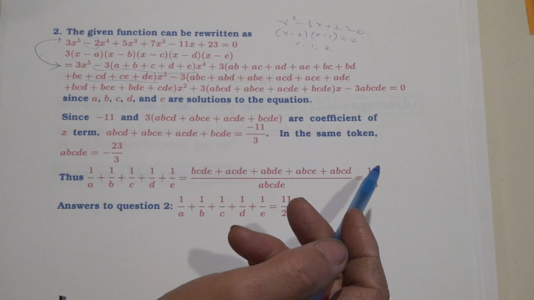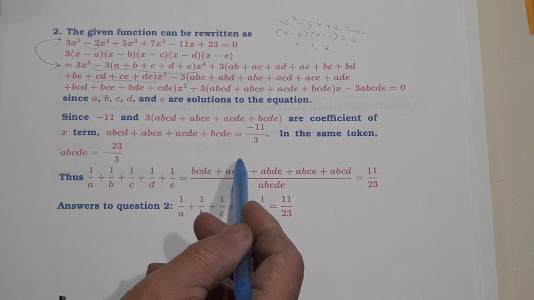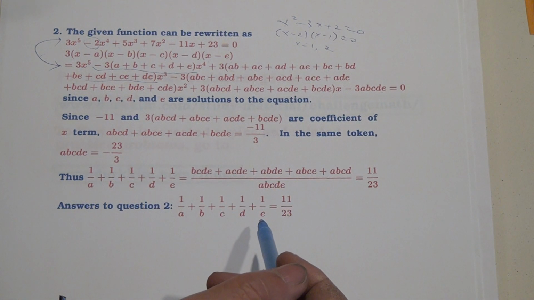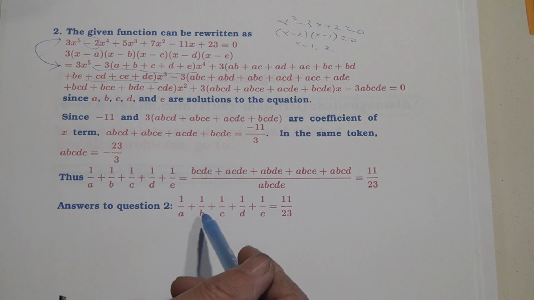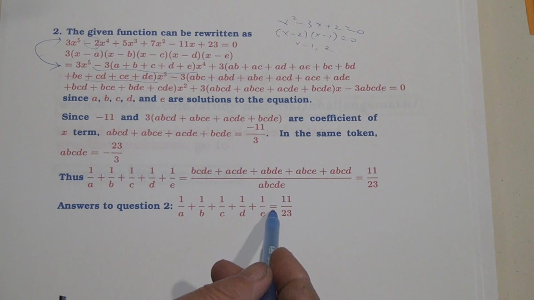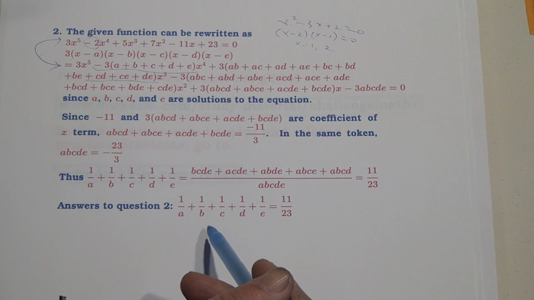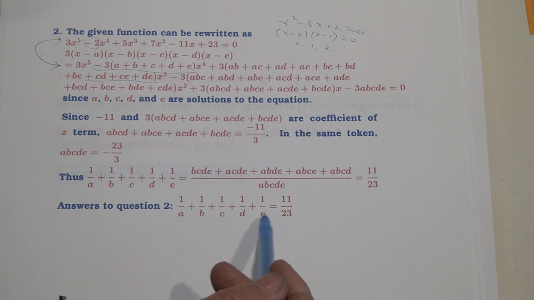Okay, so let's see here. Once you get that information, don't stay too long. They don't want you to analyze every single one. Just go back to the question. The question is, what is 1 over a plus 1 over b plus 1 over c plus 1 over d plus 1 over e? In general, once we have an arithmetic problem with fractions, we have to get a common denominator.